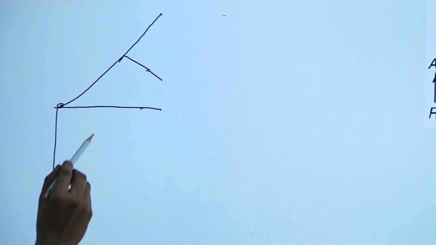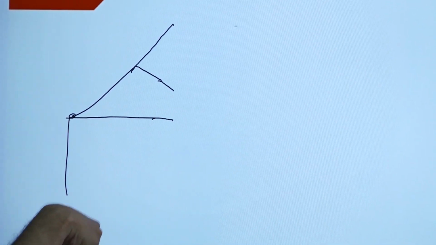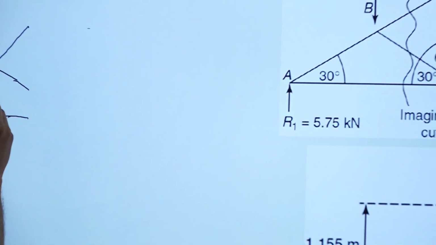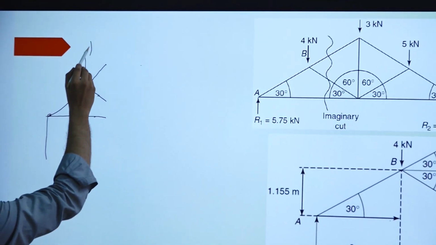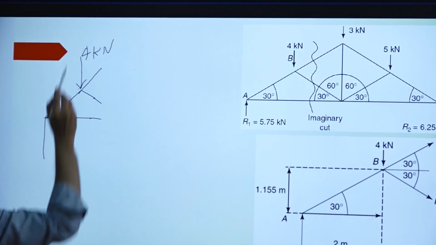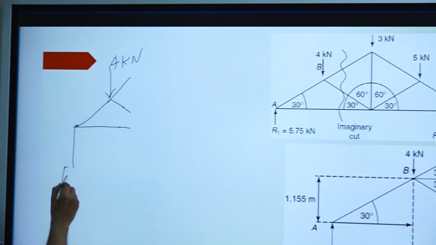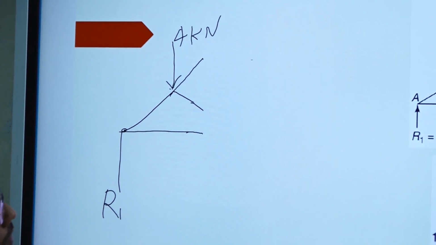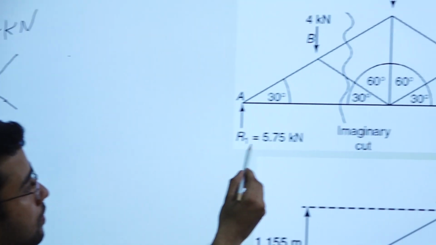So it will be like this. I have cut it from here. This is point B where some force is acting, that is 4 kN. Here we are having this R1.